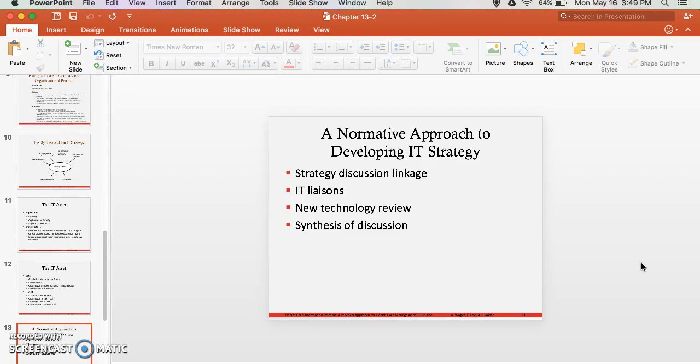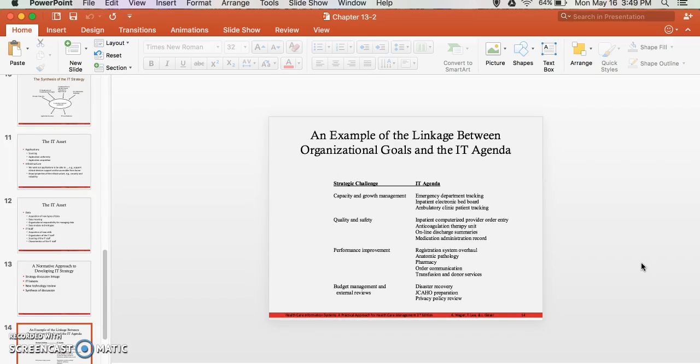What is IT asset? An approach to develop IT strategy. Linkage between the goals of your organization. So if you're a hospital, you want to decrease the time patients are in the hospital after a major surgery. Let's say that's one of your organizational goals, and you're the CIO running the hospital.